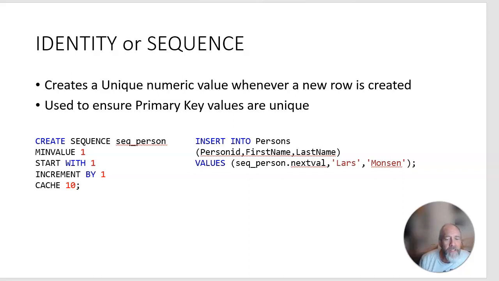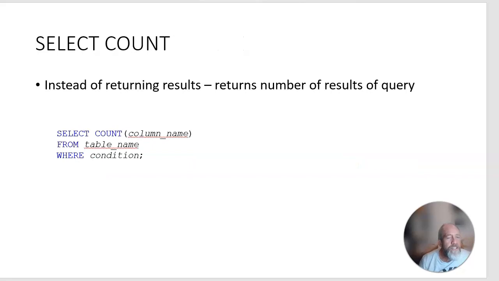In SQL Server, it's quite easy. You just declare a column to be an identity, and every time something gets inserted into that column, it's going to get incremented. You saw this in some previous stuff here. Select count. Select count, and star is, see it says column name, well, star can be that.